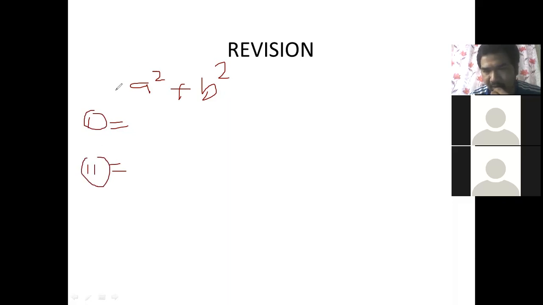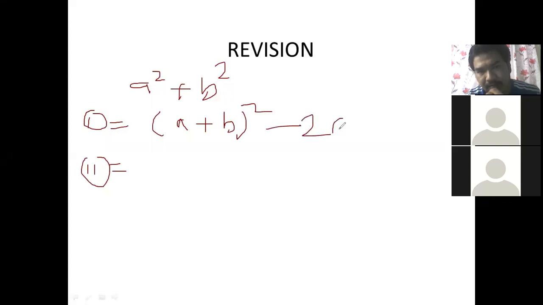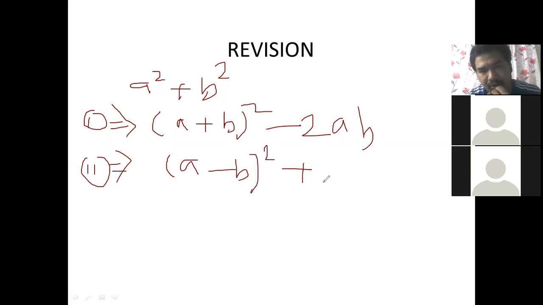We use them to find values, depending on what is given. A plus b whole square is one formula: a square plus b square plus 2ab. And next one, what is there? If inside the bracket there is minus, then outside it will be plus 2ab, that is, minus 2ab. These are the 2 formulas that we use in finding the values.